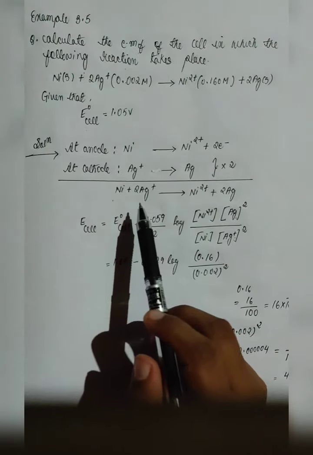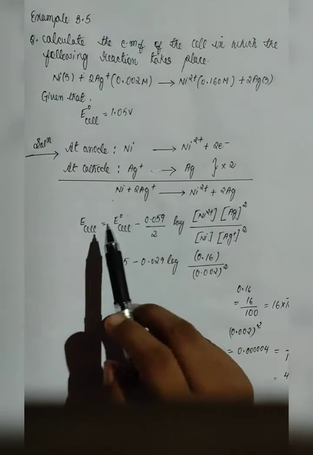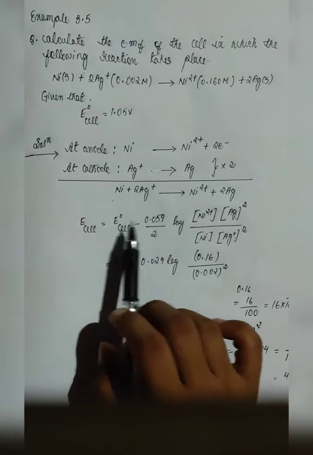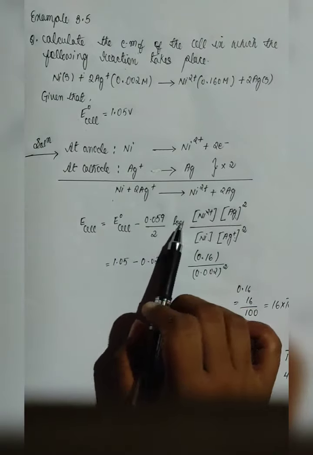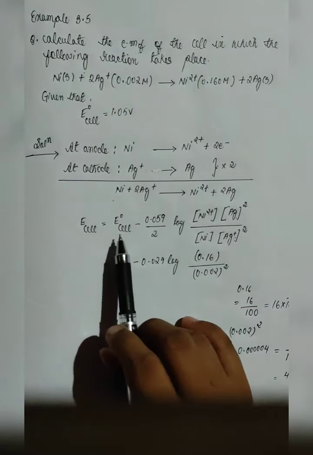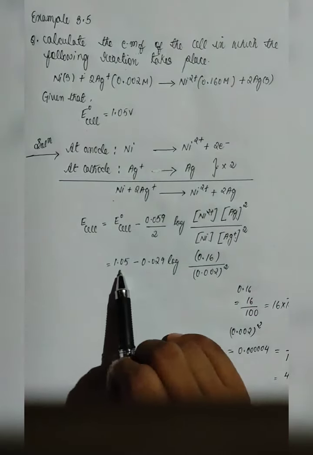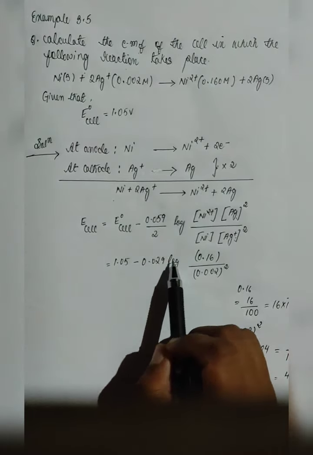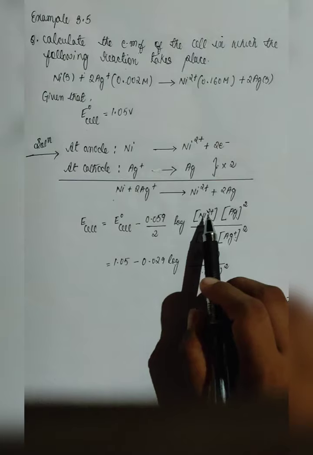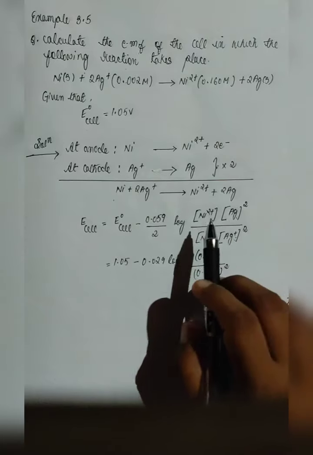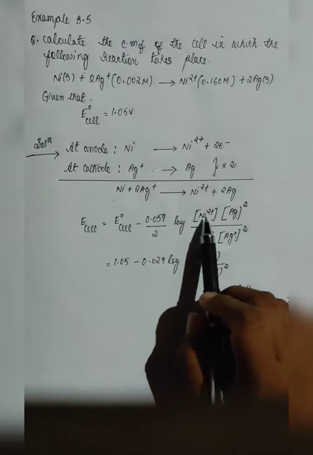We have to calculate the EMF of the cell. For E cell, we will write down this formula which we already know. Log of the concentration of the product over the concentration of the reactant. Now the E naught cell value is already given. Upon division, we will get 0.029 log. Now the Ni2+ concentration is also given. We have to write the concentration.